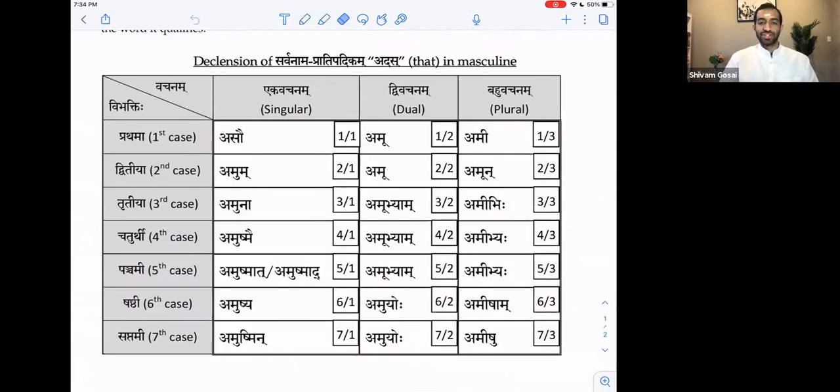Okay, so we can chant this adas-śabdha in masculine or pullinga together. We'll go slowly. Asau, amu, ami. Amum, amu, amun. Amuna, amubhyam, amibhi. Amushmai, amubhyam, amibhyah.